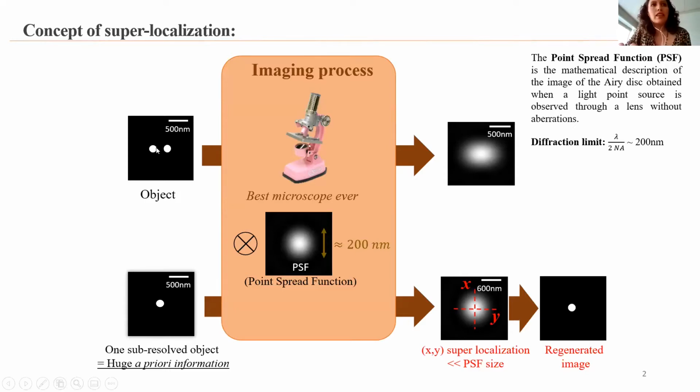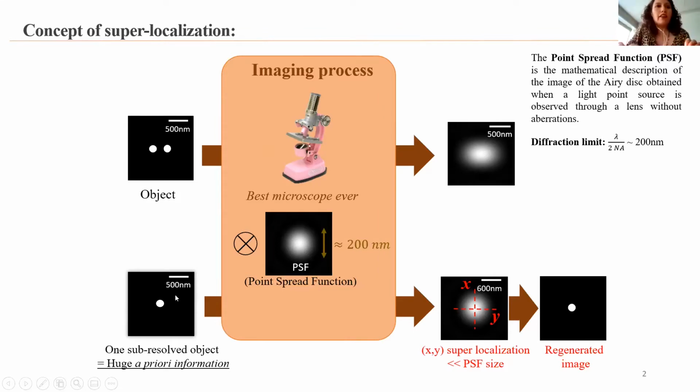Now, what happens if we want to image two fluorescent nanobodies that are very close to one another? Well, in that case, the image that we're gonna obtain is gonna look like this. It's gonna look blurry, and we won't be able to resolve the localization of both emitters. And there is where superlocalization takes place.